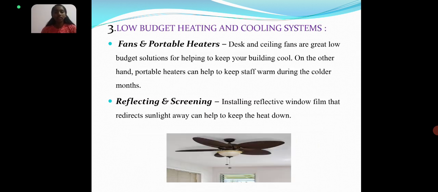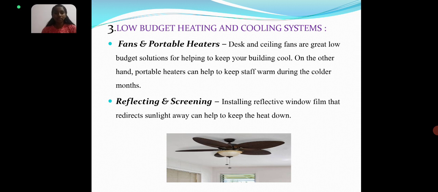So the third one is low budget heating and cooling systems. In that, the first one is fans and portable heaters. Desk and ceiling fans are a great low budget solution for helping to keep the building cool. On the other hand, portable heaters can help to keep the staff warm during the colder months.